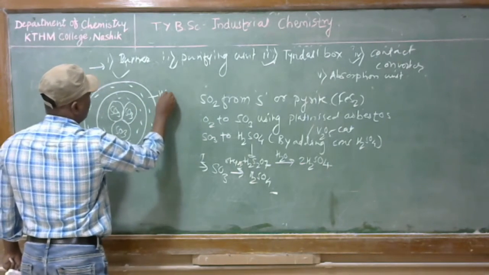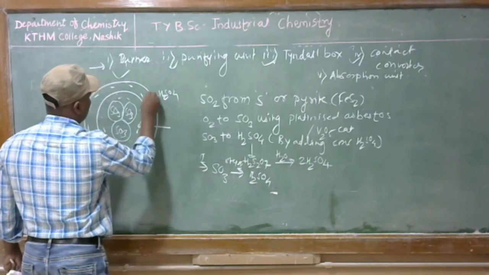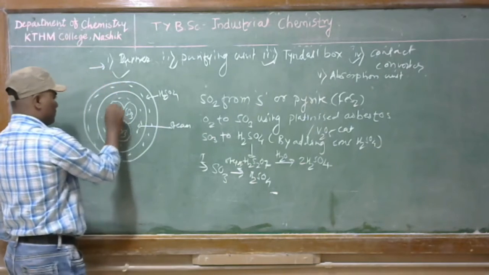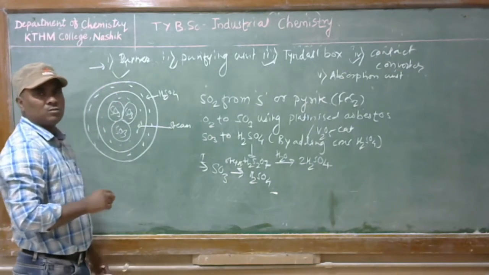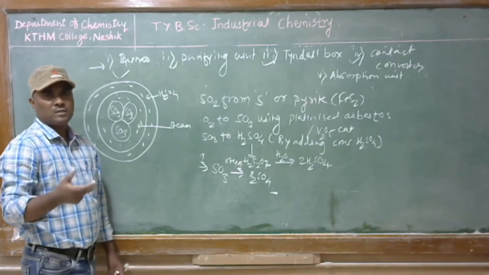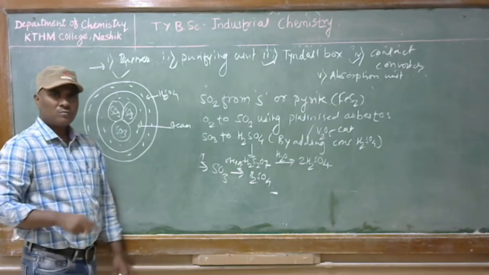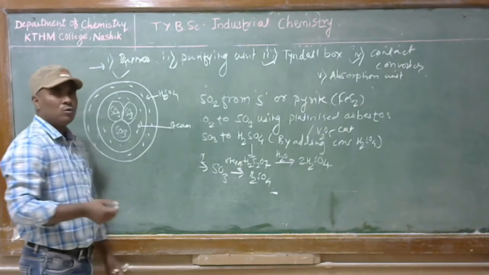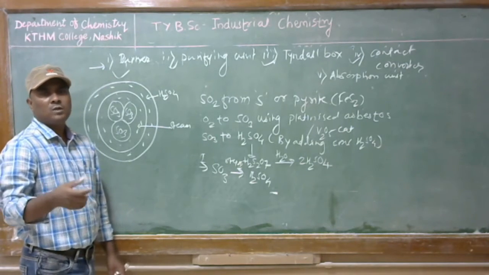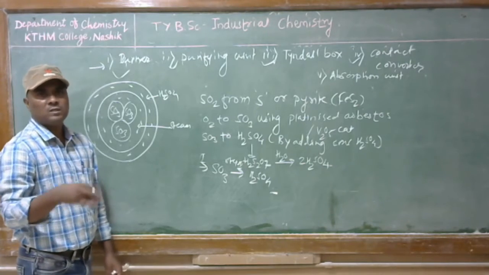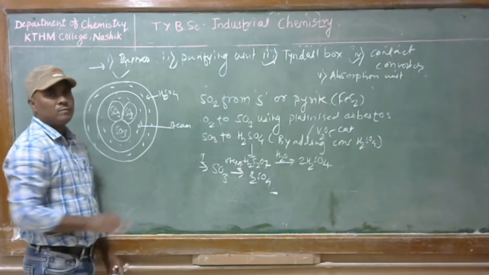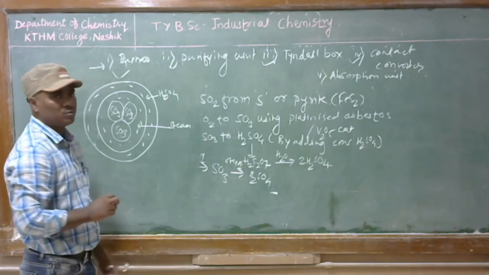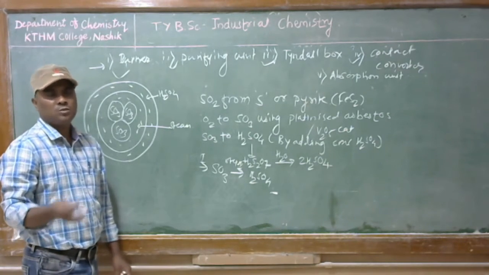This is called acid fog or acid mist. This is a layer of H2SO4 and this is a layer of steam. If you observe this figure, there are unreacted SO3 gas droplets present in this mist. So it decreases the yield of H2SO4, because not all the SO3 is involved in the reaction, and it forms mist or fog like this. So it decreases the ultimate yield of H2SO4 and it gives impure H2SO4 also.